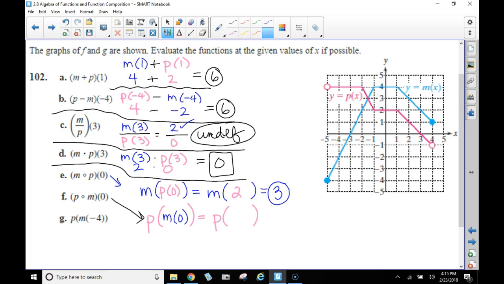So inside there, the M evaluated at 0 is that point right there, 4. Now, P evaluated at 4 is how we read that. And the pink function evaluated at 4 right here is, look at that, an open circle, so it's not defined there. So this thing is undefined.